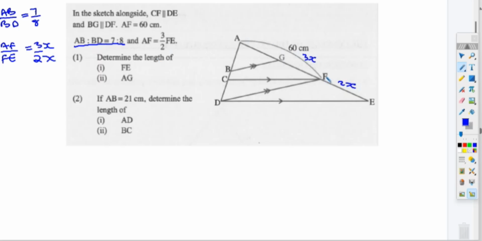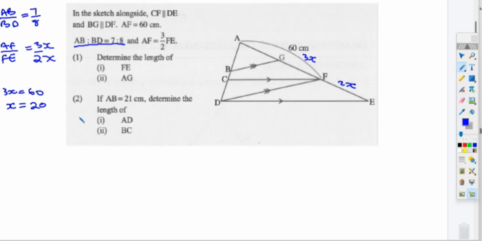So AF as to FE or EF is 3x as to 2x. This 3x is equal to 60. We can equate that to get that x. So we are saying 3x is equal to 60. Your x then is equal to 20 there. If our x is equal to 20 here, what is the length of FE?